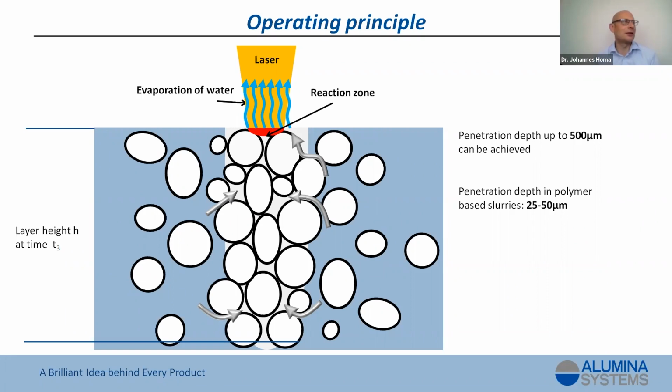Our standard accuracy is in the range of 10 to 20 microns of repeatability. But we also have customers focusing on specific parts, who even go below 10 microns in accuracy.